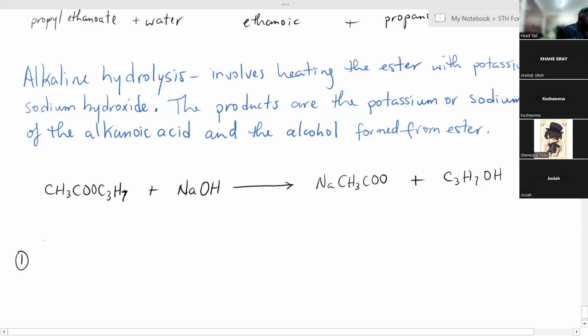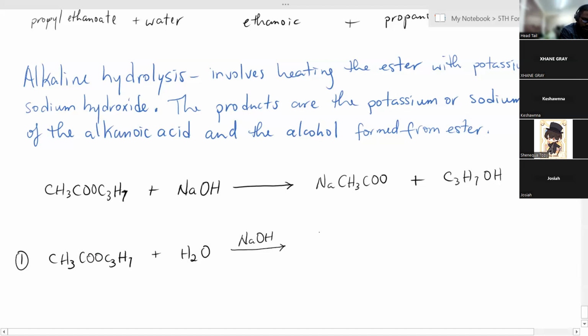So the first step, remember, water is the one that does the separating. So one, you have the CH3COOC3H7, which is the propyl ethanoate. And it's going to be split by the water. Now, this happens in the presence of the sodium hydroxide, which is basically helping to catalyze the reaction.